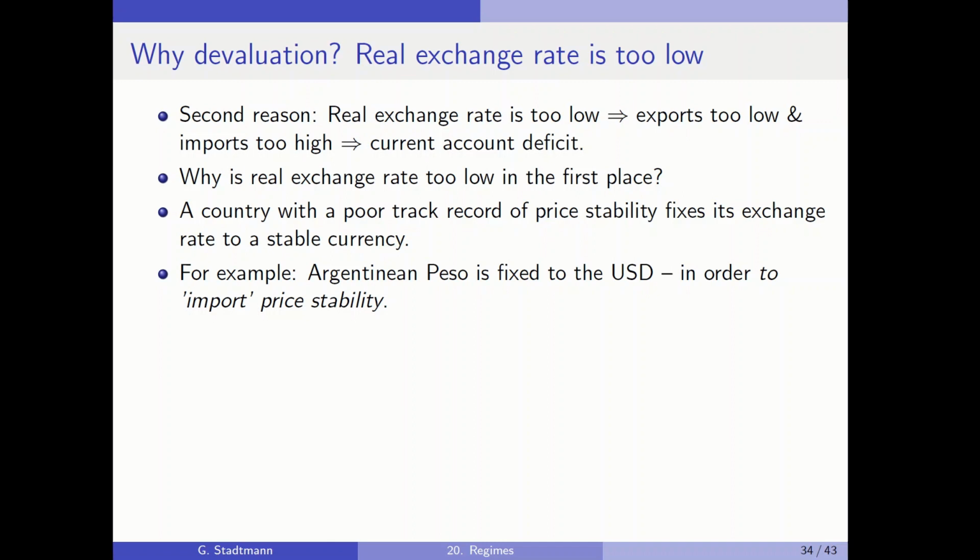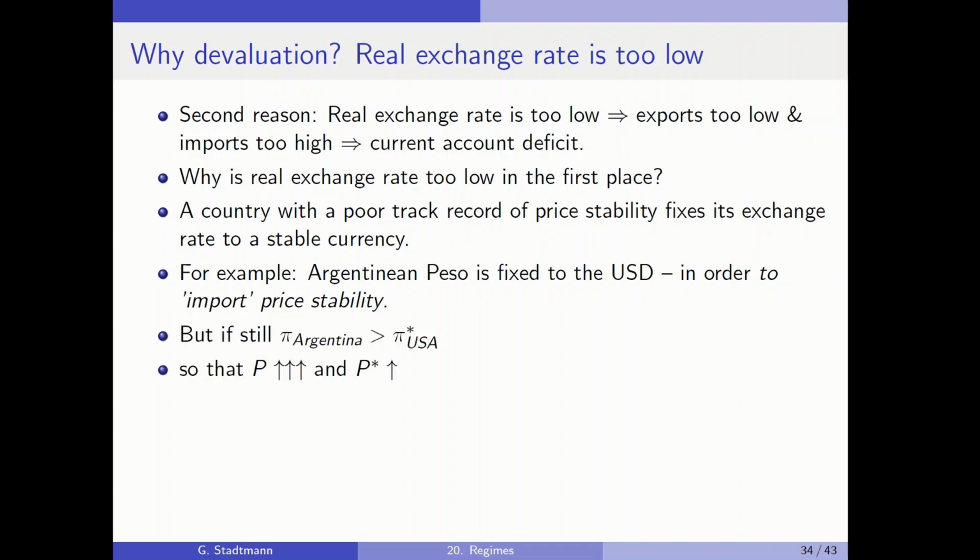Let's look at one country which has a very poor track record with achieving price stability. And this economy fixes its exchange rate to a stable currency. For example, at one point in time, the Argentinian central bank and government fixed the Argentinian peso to the US dollar in order to import price stability.